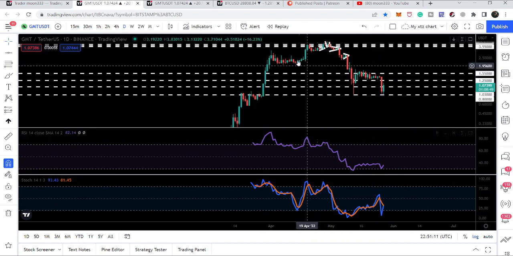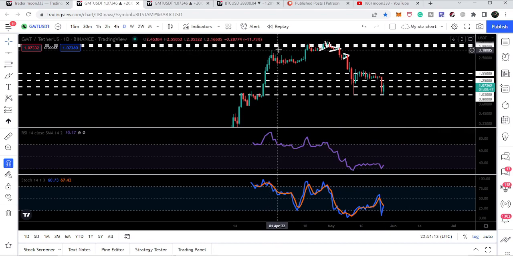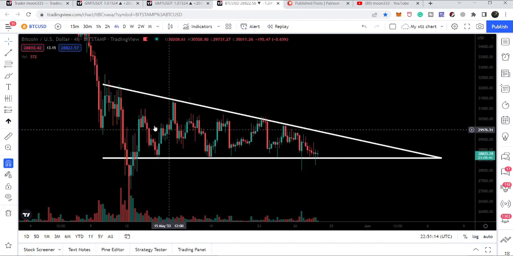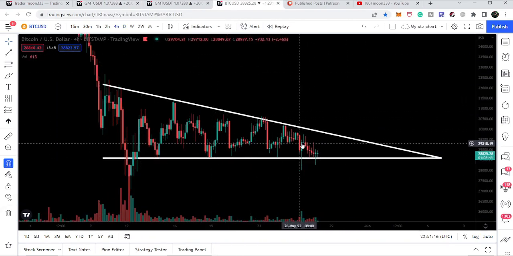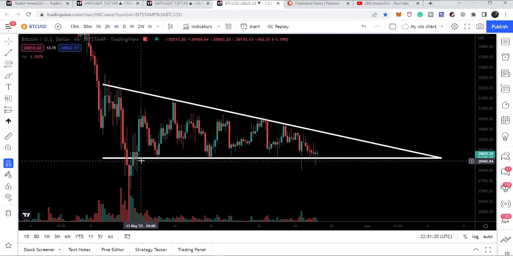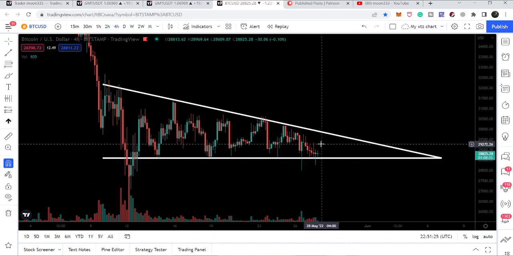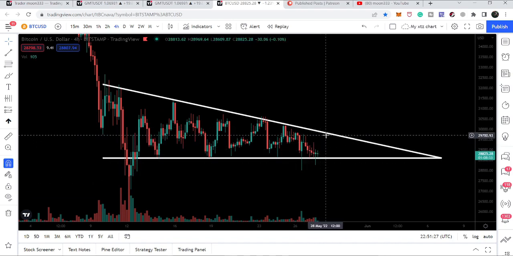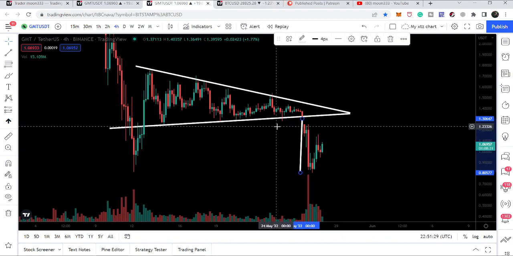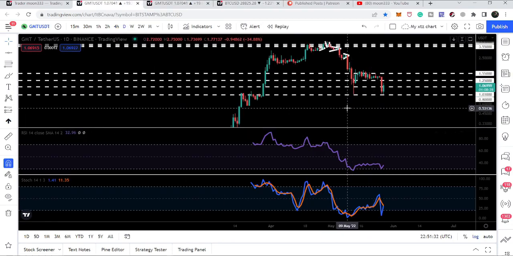And we can also see that on the 4-hour time frame chart, Bitcoin is also testing the support of this descending triangle. Therefore, I'm expecting that once Bitcoin will be able to have another reversal move from here to the resistance, or if it will break out the resistance, then GMT will form a powerful double bottom formation.